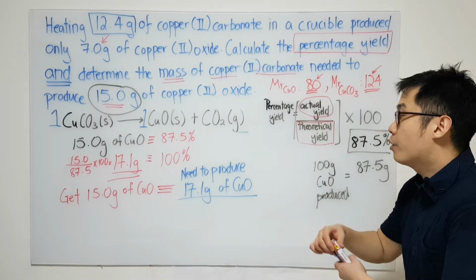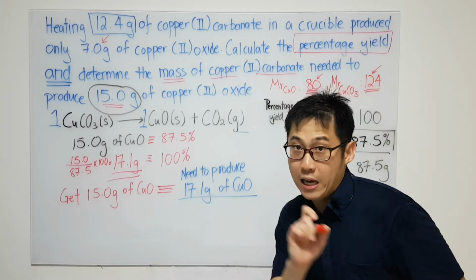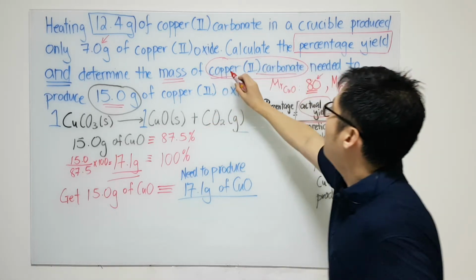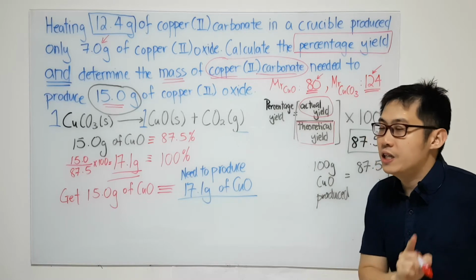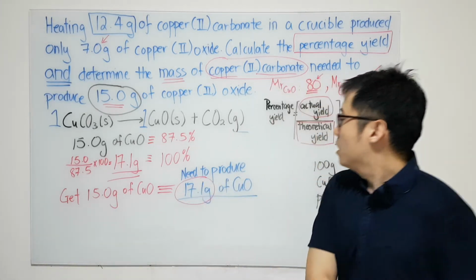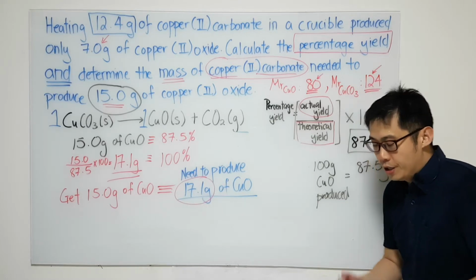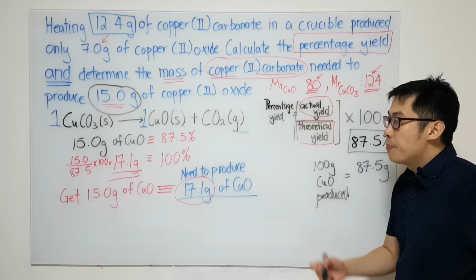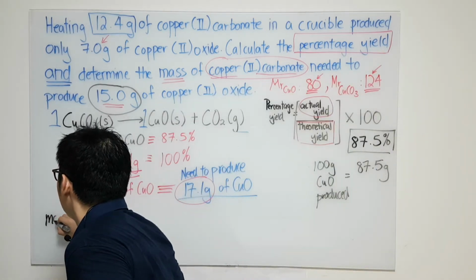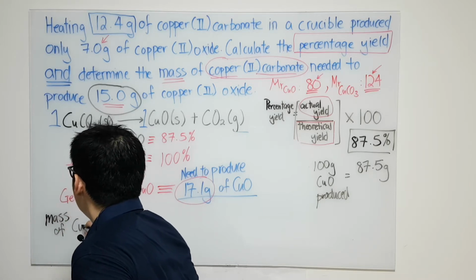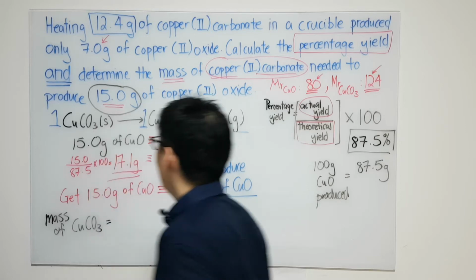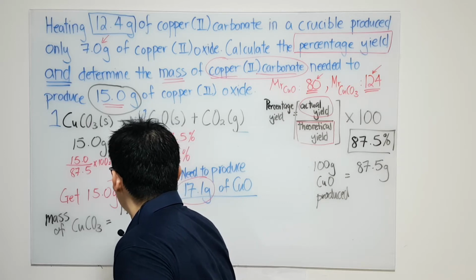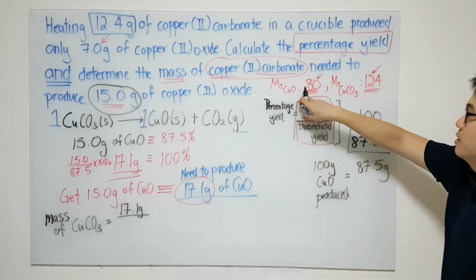Then in this case here, the question is how much copper carbonate do I actually need in order for me to produce 17.1 grams of copper oxide? So all this brings us back to our stoichiometry using our mole equation. So the mass of my CuCO3 is equal first to the moles, 17.1 grams divided by the MR of CuO, 80.